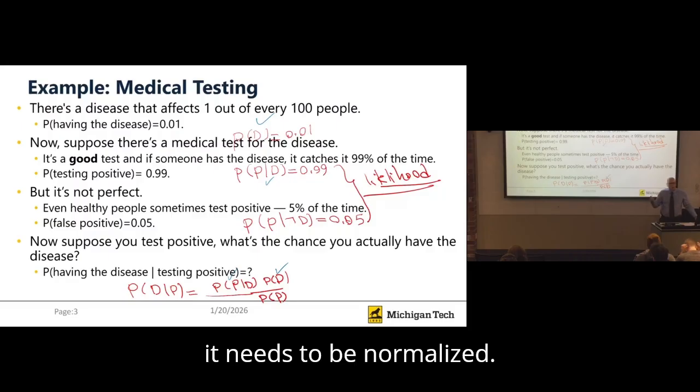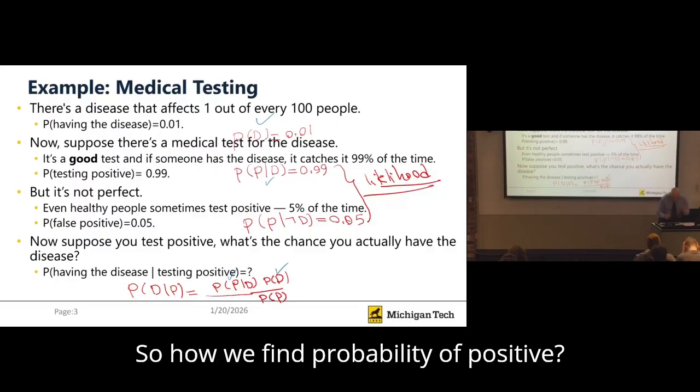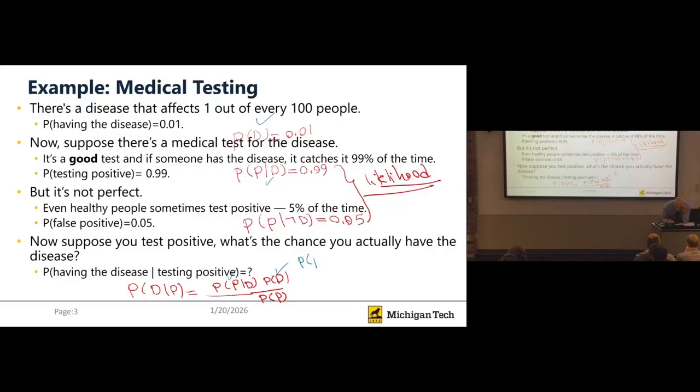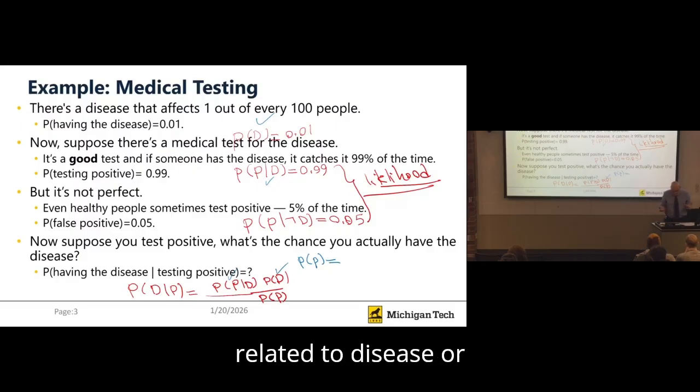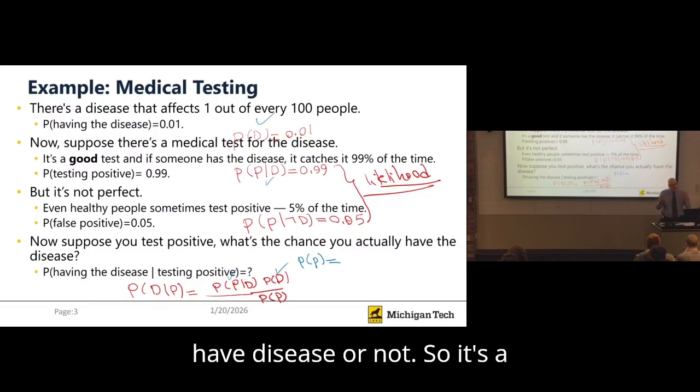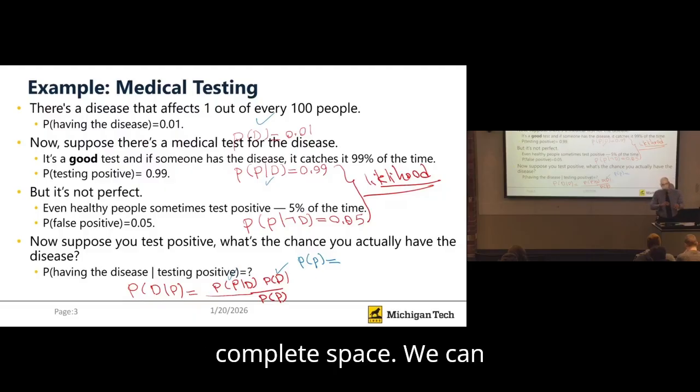It needs to be normalized. So, how do we find the probability of positive? Because positive is related to having disease or not, it's a complete space.